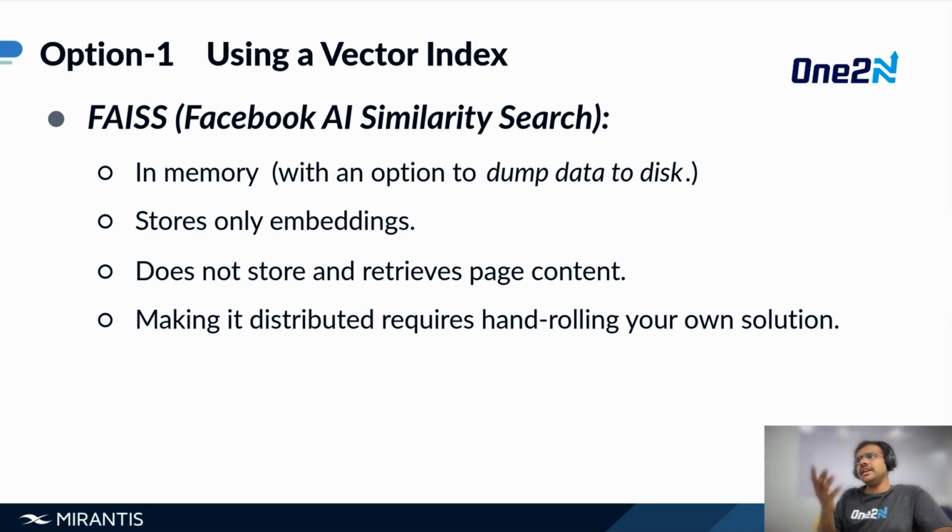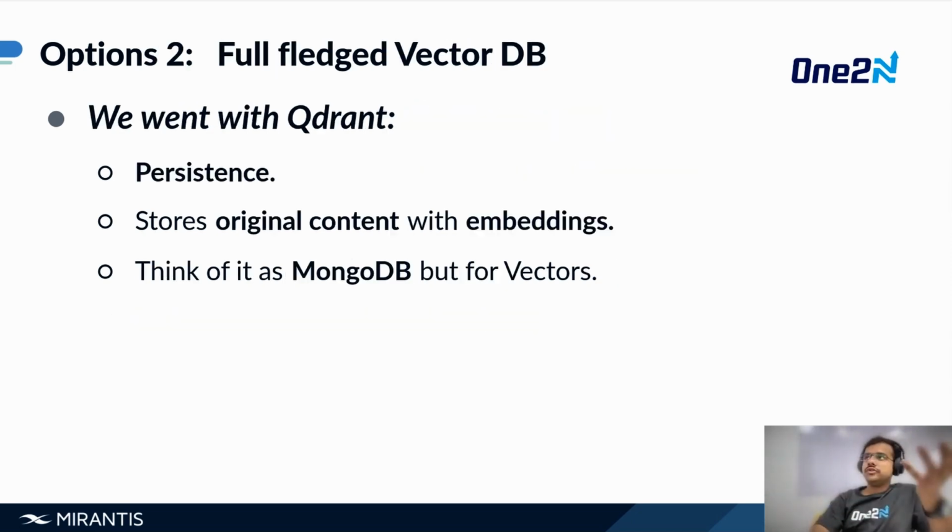It stores only embeddings. It is more like an index which stores embeddings and the metadata, which you can use to actually fetch the actual content. So if I have resumes as embeddings and I find a matching resume for a query, I can get the metadata, and from that metadata, I can try to fetch the real resume. And if you want to make this distributed over a network, you need to hand roll your own solution.